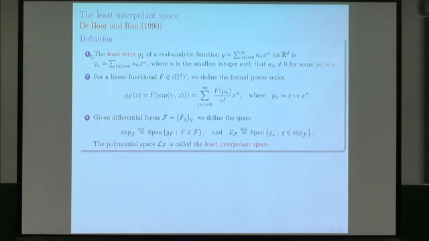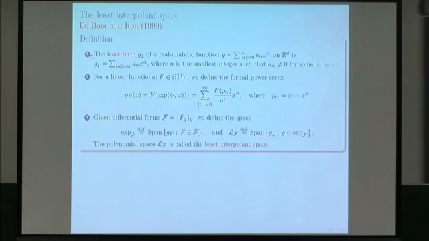The least term, g↓, of a real analytic function g is essentially the smallest degree homogeneous polynomial that I can pull out of it. For a linear functional f acting on the polynomial space Π_d, you can define the formal power series of f in this way: the polynomial with coefficients f evaluated at the polynomial x^α divided by α factorial.